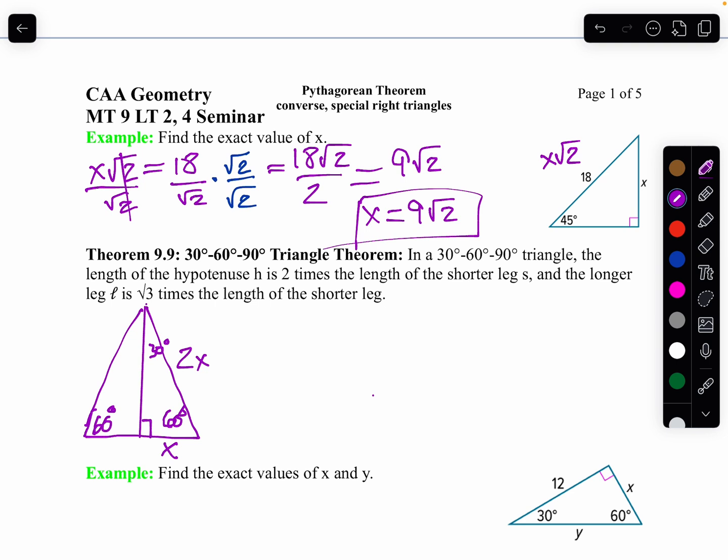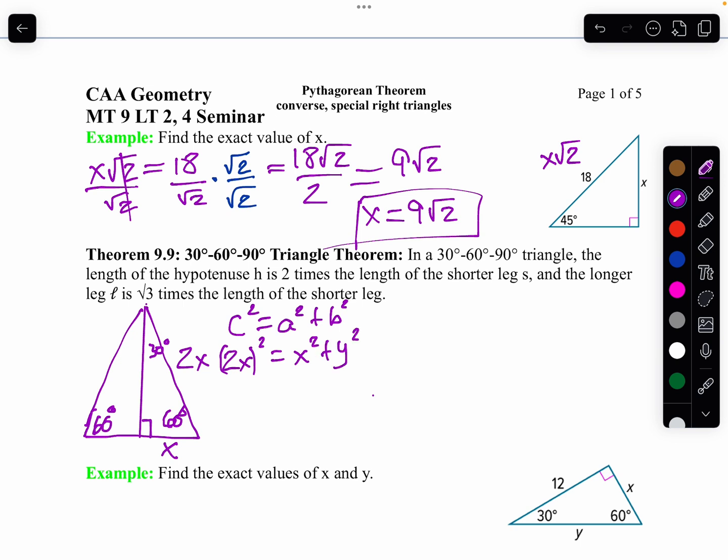So I'm going to say c squared equals a squared plus b squared. In this case, my hypotenuse is 2x, isn't it? So 2x squared equals x squared plus y squared.